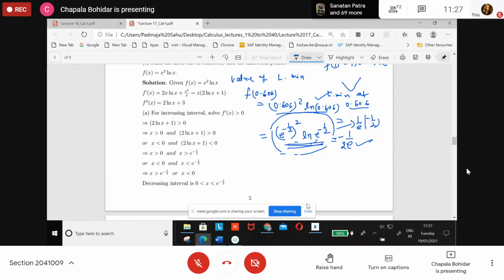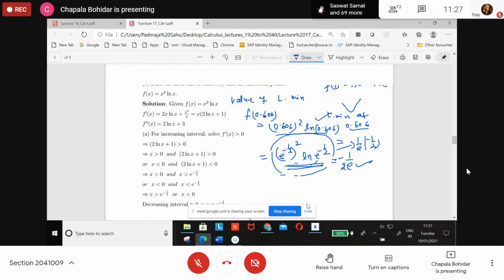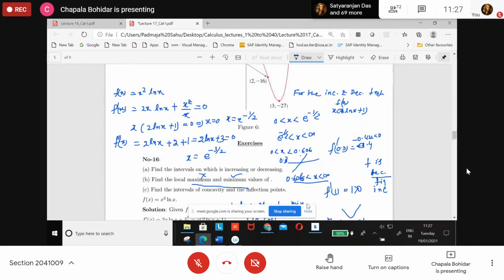Now, what is the question asking? The concavity test. For the concavity test, what we got here: the value of x is equal to 0 and e to the power minus 3 by 2, where f double dash is zero.